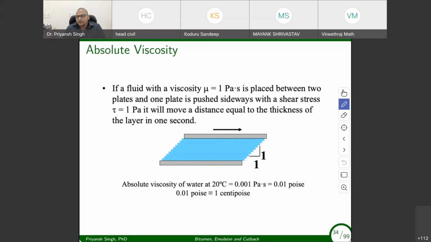The next important parameter, the first fundamental parameter I'm discussing, is the absolute viscosity. To define absolute viscosity, a fluid viscosity will be 1 poise if you put the fluid between two standard plates, and if you apply a unit stress to the upper plate, the upper plate will slide a distance equal to the thickness of the plates, or the thickness of the material you have used between the plates.